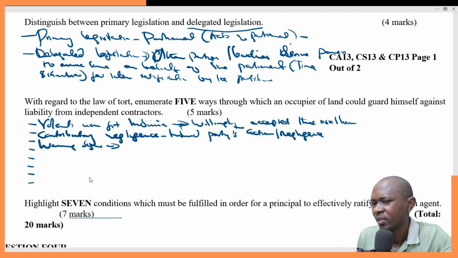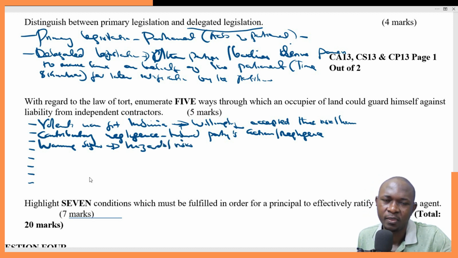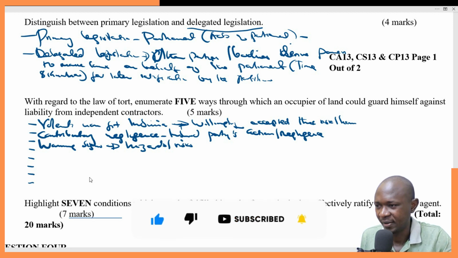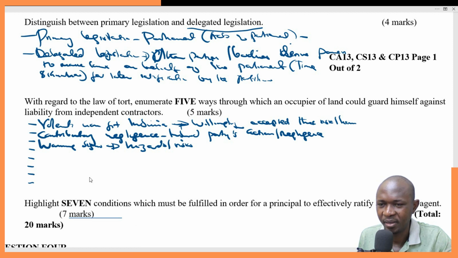So you can say that you actually played your role by providing warning signs to the possible hazards and risks. So that is another way, you say warning signs were provided to warn the independent contractor of the impending risks.